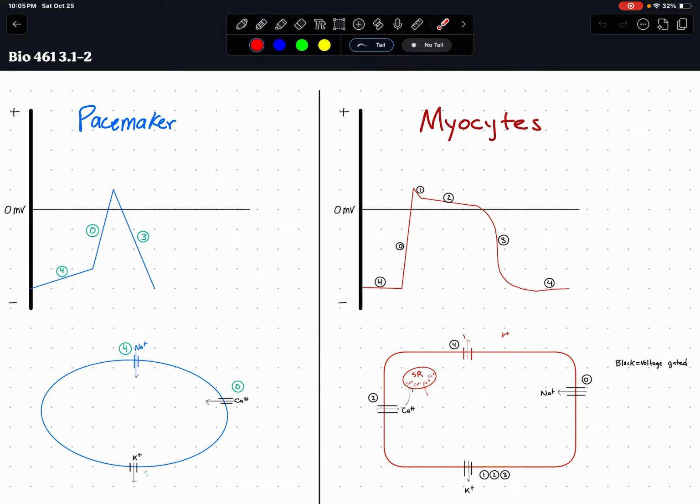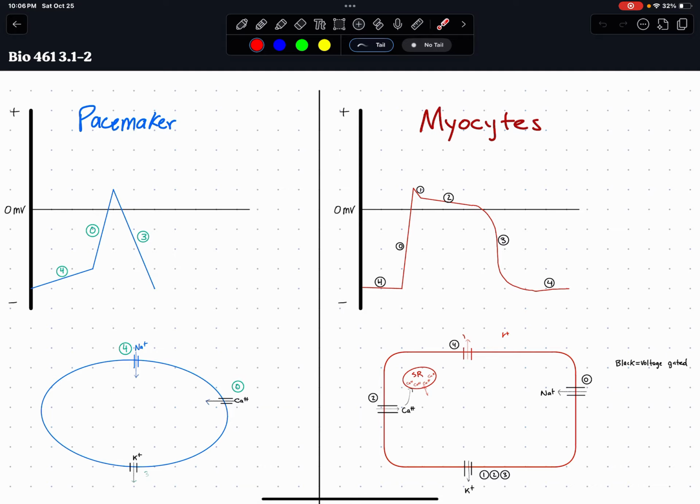But when we start to depolarize, we have our sodium channels, depolarizing through voltage-gated sodium channels. Then we have phase 1, which is when our rapid repolarization begins. That's because our potassium and chloride channels are open, and sodium channels are beginning to close, inactivated, just like we saw in the action potential. So, rapid repolarization. Then phase 2, which is what is so unique.